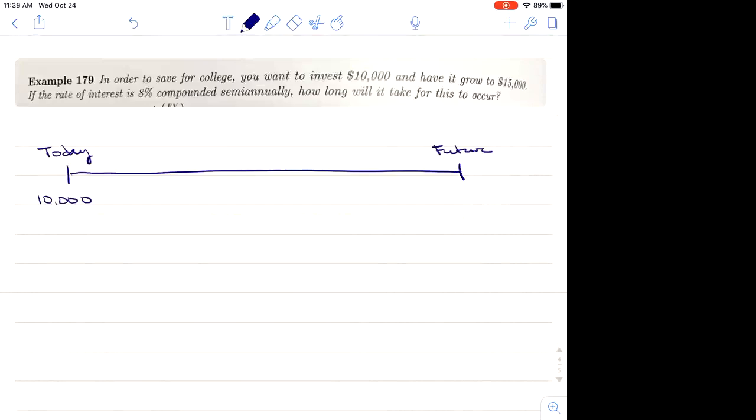Remember, the dollar amounts just go below the ticks. And then our arrow to our future amount of $15,000. So my present value is 10,000, my future value is 15,000. And I'm told that the rate is 0.08 and the frequency is semi-annually. So the frequency is twice per year, compounded twice per year.